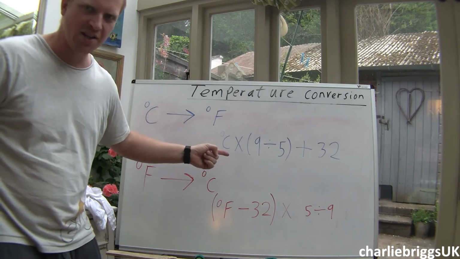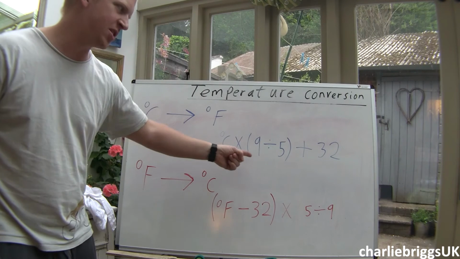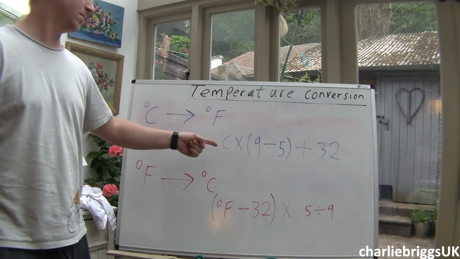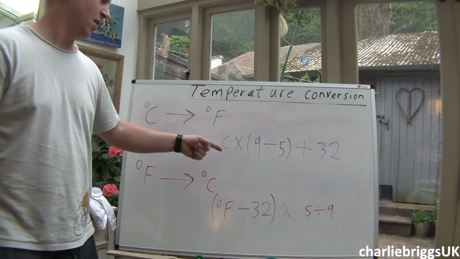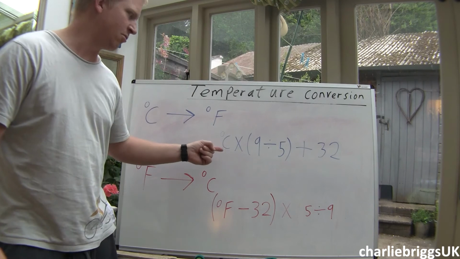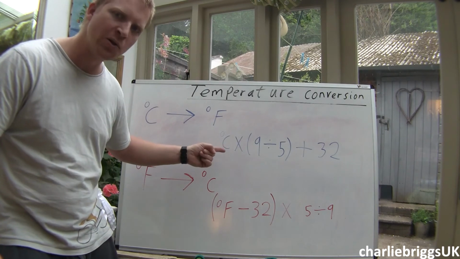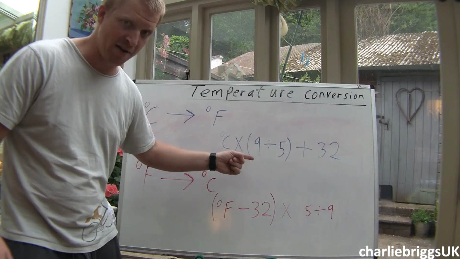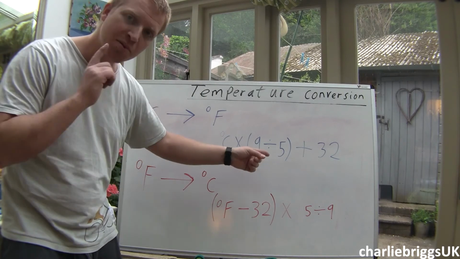Celsius to Fahrenheit. You try. How would you say this? Alright, let's do it together. It's degrees Celsius multiplied by 9 divided by 5 plus 32.